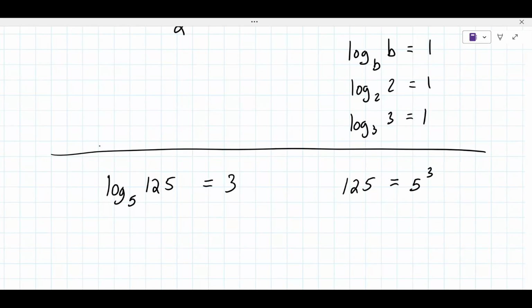What I mean by that is 5 times 5 times 5 is 125. So there's some expectation that you know this, or you can use a calculator to figure it out. So now you rewrite 125 as 5 to the power of 3.